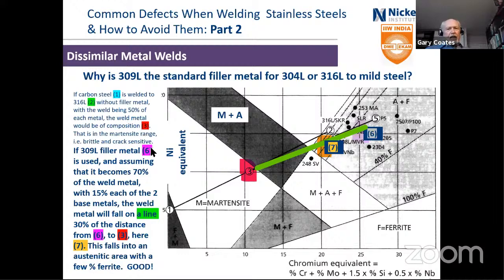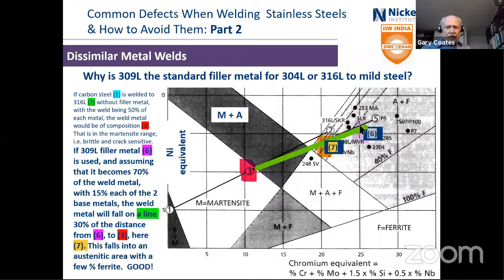So why 309L? Well, let's keep the same diagram here. First of all, this purple area, I'm not sure how clear that is, number 6, represents the 309 filler metal, which might have 9 to 12% ferrite in it if you were just to have an all weld metal specimen.